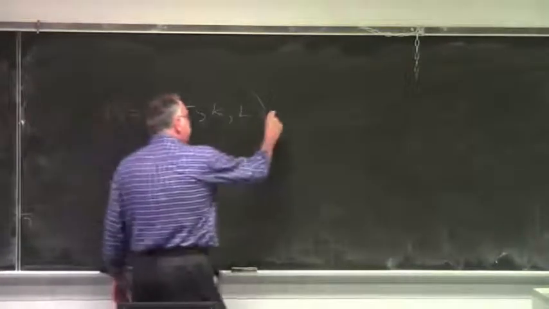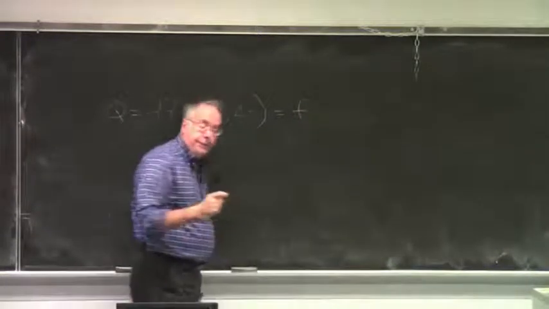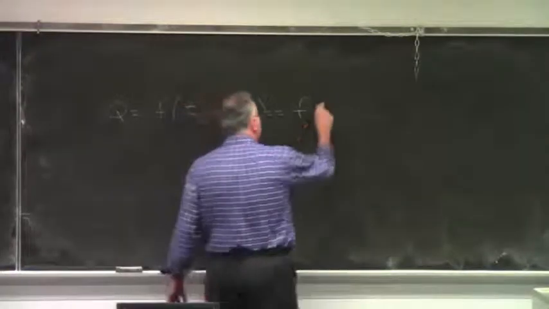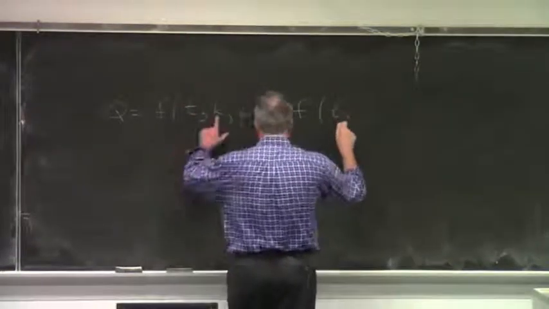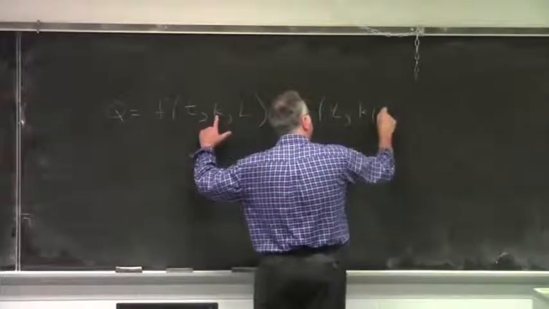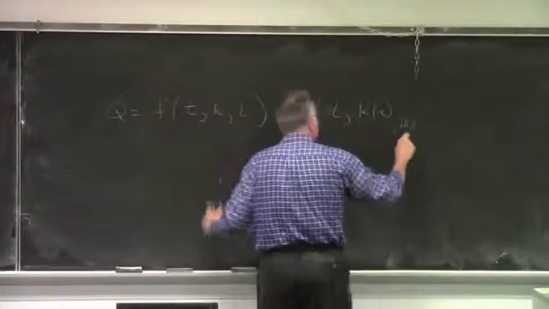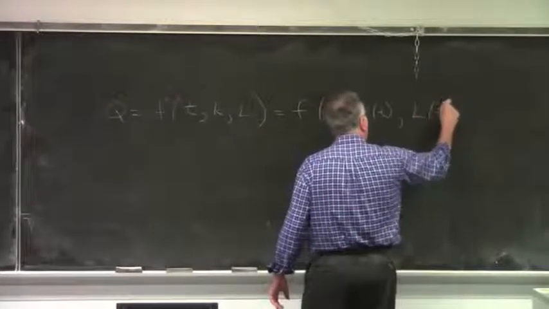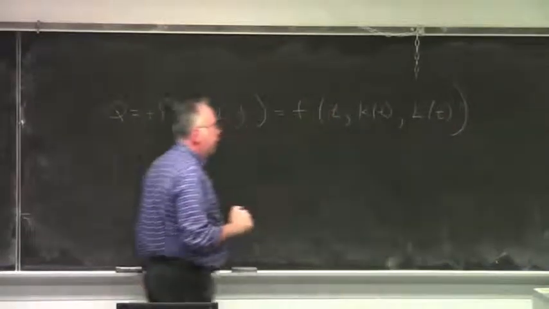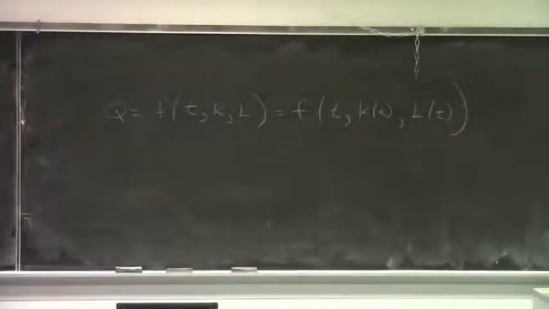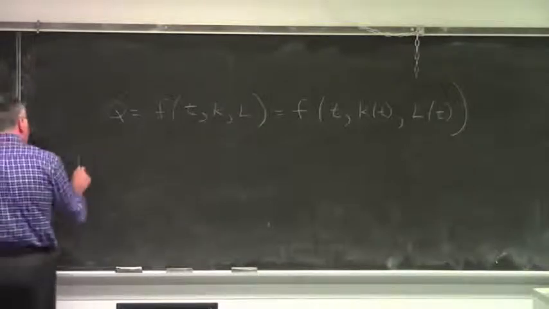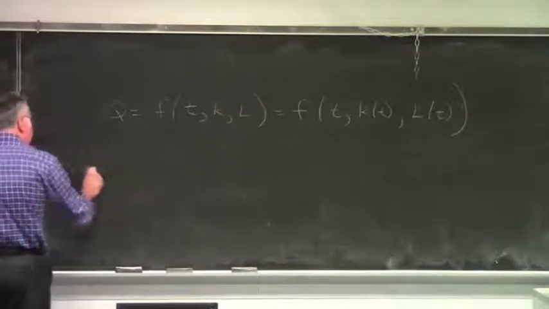Again, it's obvious that Q could be expressed as a function of time because you've got T in here, then you've got K, but K itself is a function of time, and L is a function of time. So now if you want the total derivative of Q with respect to time, I would suggest you do it this way. Start off with the total differential, dQ.